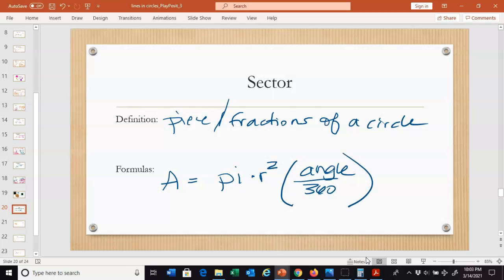So area of a whole circle is pi r squared, right? When you're going to take the area of a piece of a circle, it makes sense that you just multiply by that piece, that angular piece. So whatever the angle is over the entire 360.